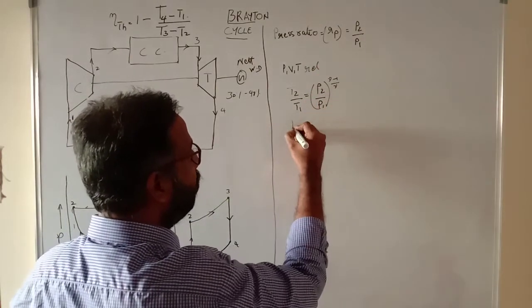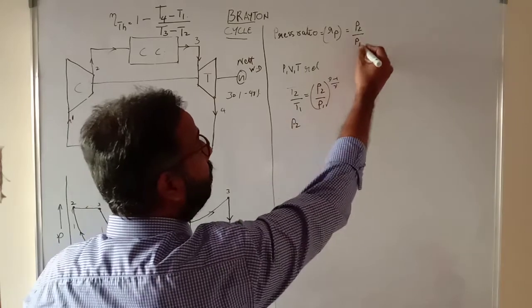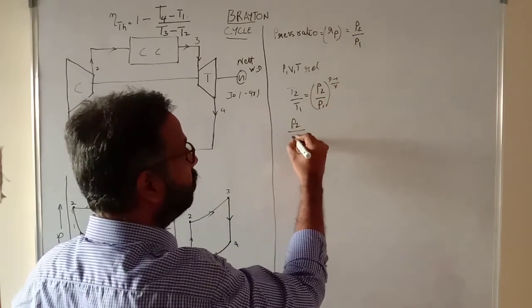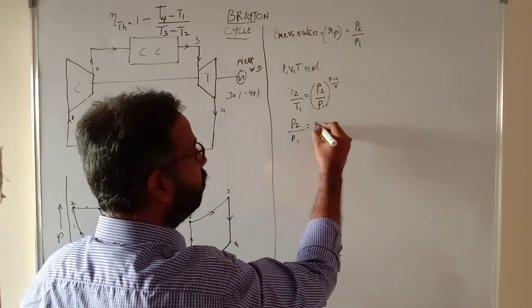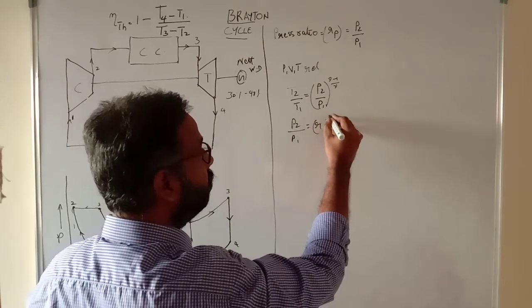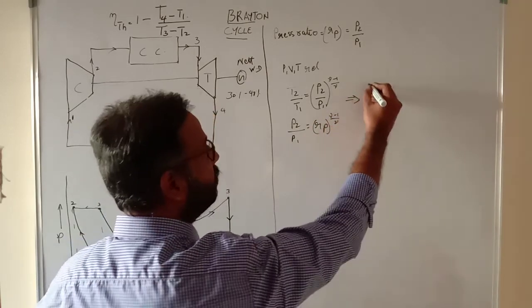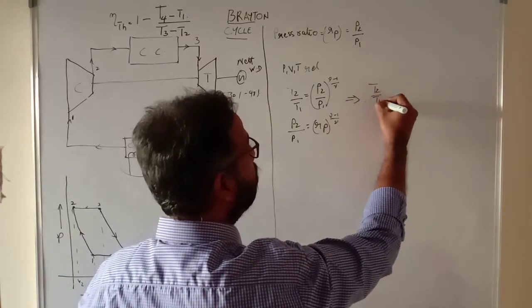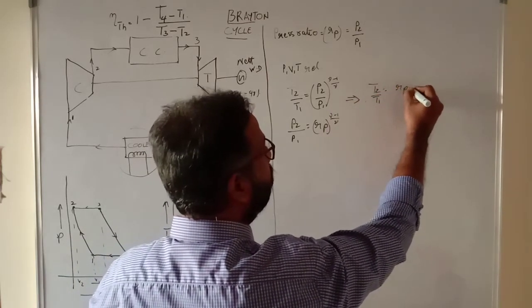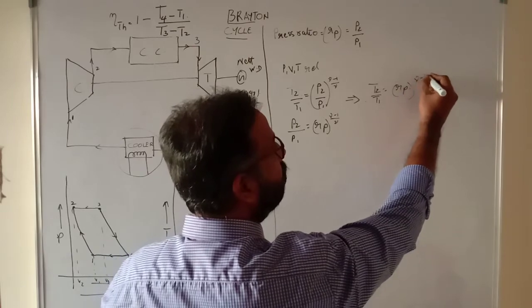But P2 by P1, as I told you, is nothing but the pressure ratio. Therefore, we can rewrite this as T2 by T1 is equal to the pressure ratio whole raised to (gamma minus 1) by gamma.